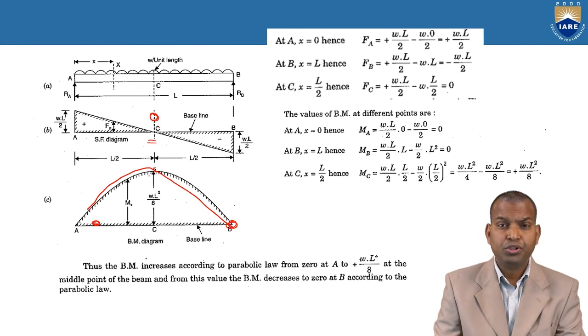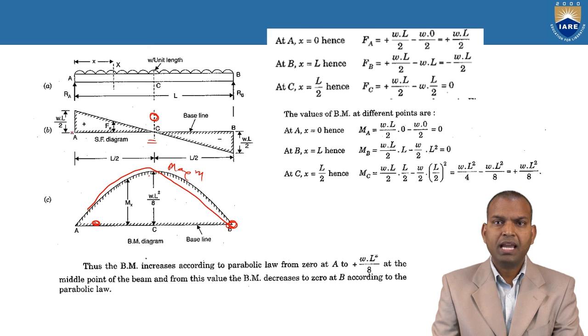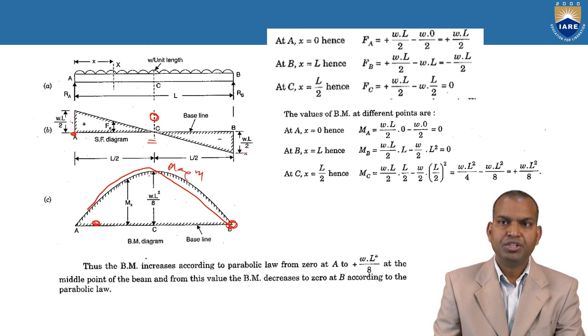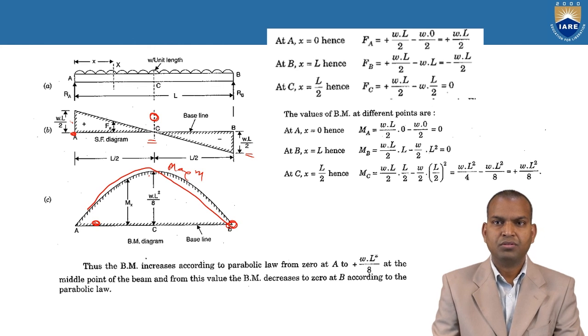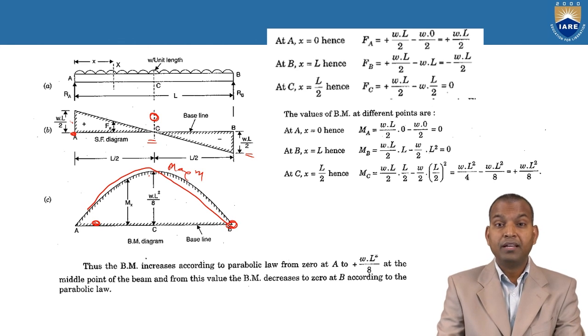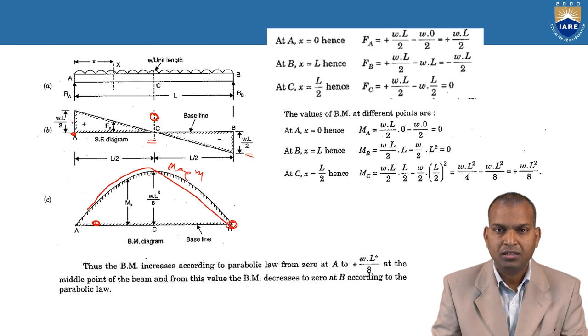The bending moment is maximum. At point A, shear force is maximum, but at point A, what is the bending moment? 0. At point B, shear force has a value, but at point B, bending moment is 0. So here bending moment is acting at this point, but shear force is not acting.